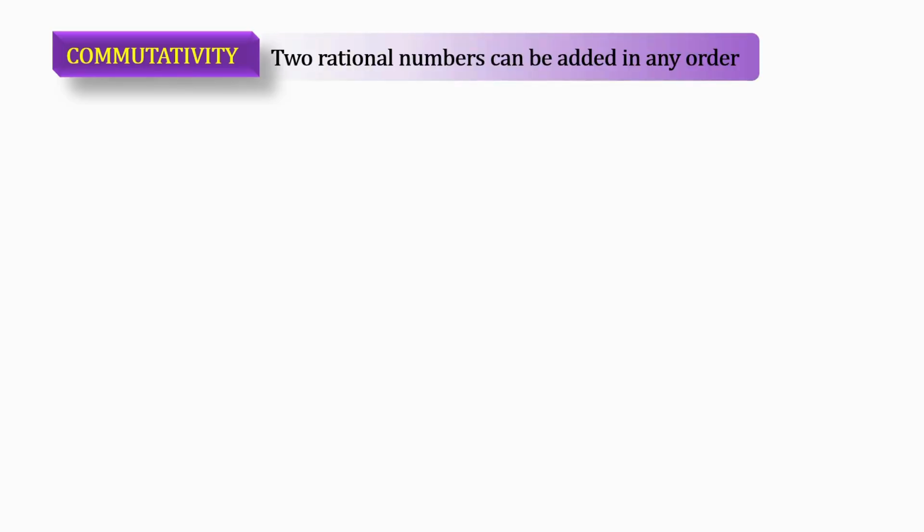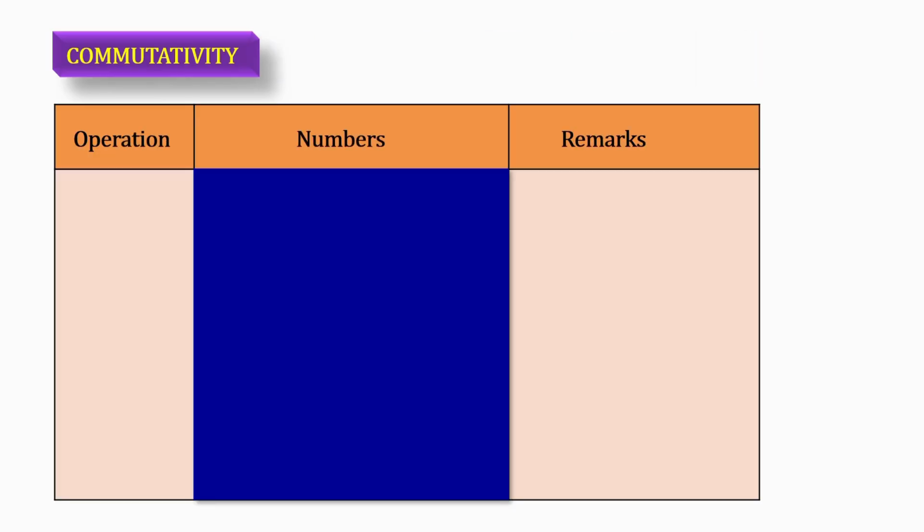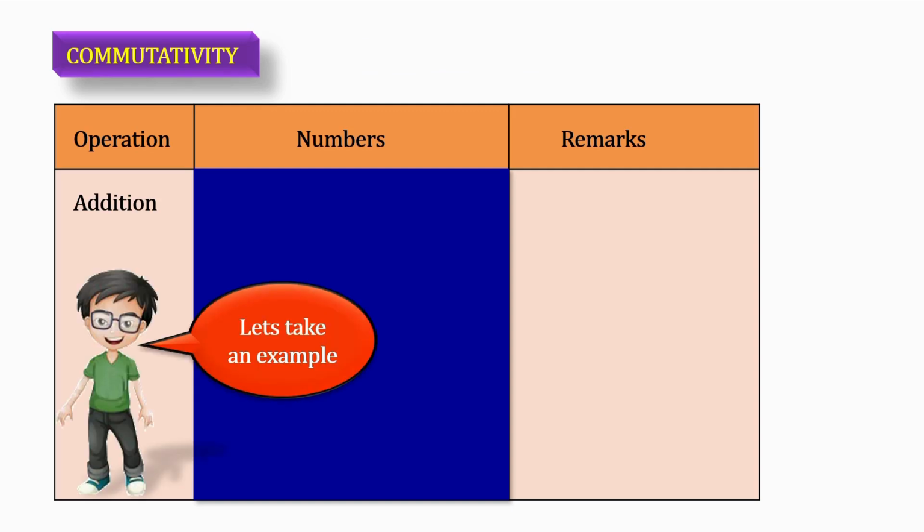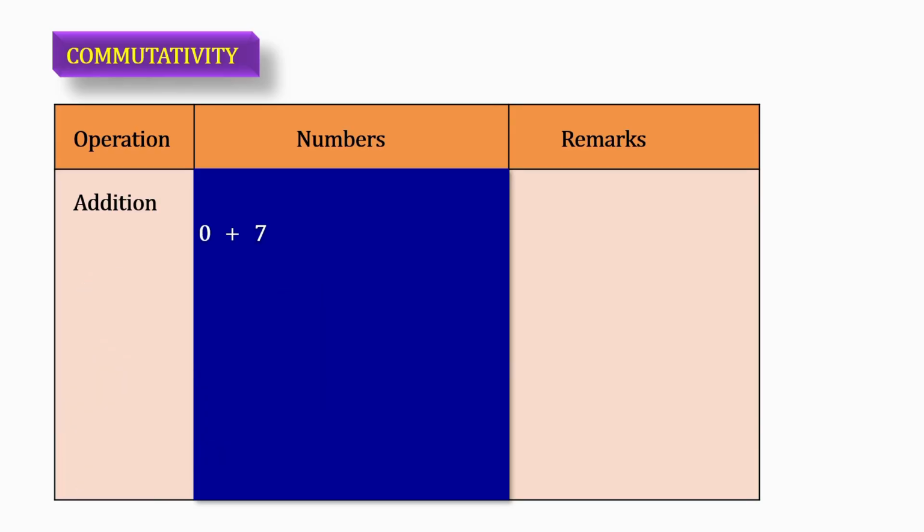Commutativity. Two rational numbers can be added in any order. For addition, let us take an example. 0 plus 7 gives us 7, and 7 plus 0 also gives us 7.